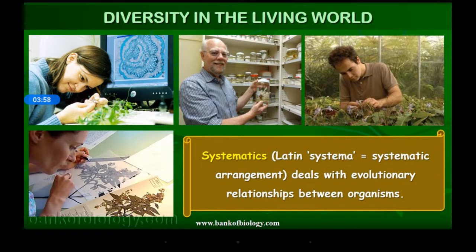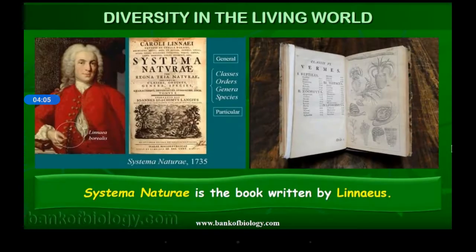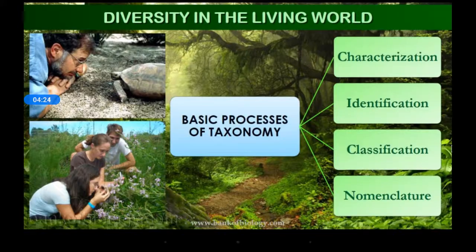So to make our study easy, these terms are going to help us. Here is a book, Systema Naturae, written by Carolus Linnaeus. Systema Naturae is the title of his publication, where he mentioned this scientific naming.